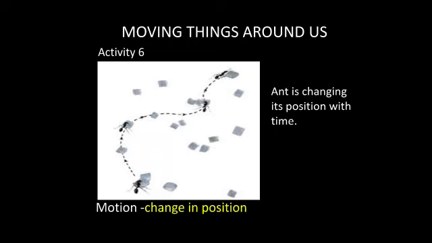Basically, motion means that when any object is changing its position with time, that particular object is in motion. Just have a look at a few of the pictures given here. These are the birds, they are flying. Another one, a man who is walking here. Then another picture, the man is running in this picture, right?